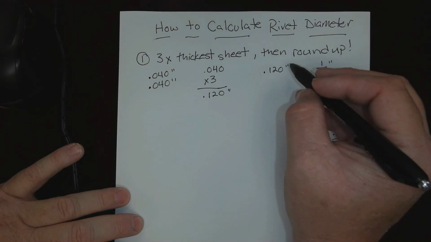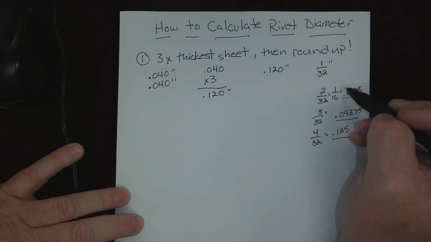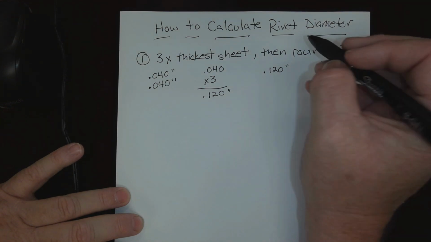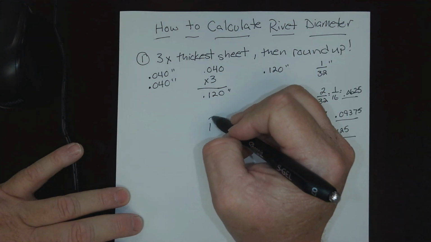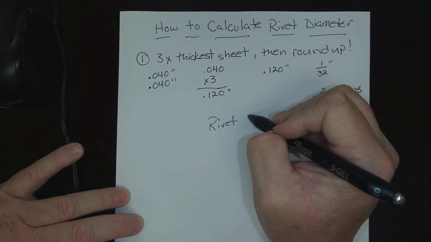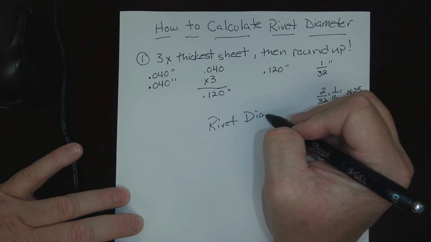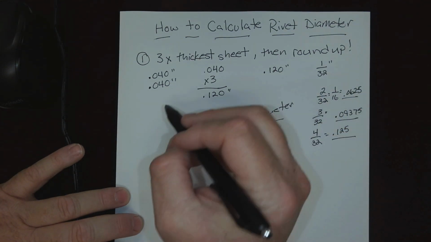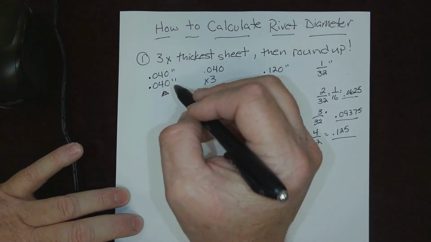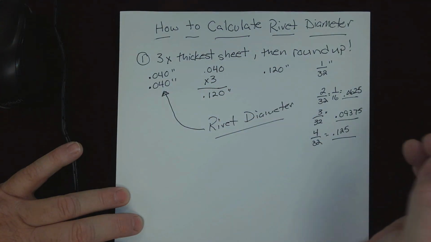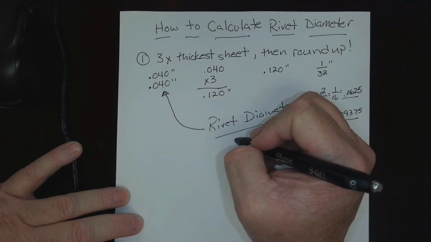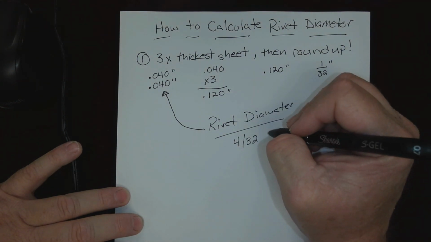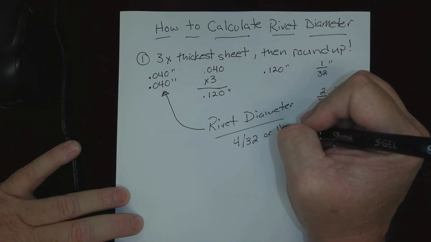So if we went to 120, we would land on that, look at our rivet sizes, and go one size up. So our proper rivet diameter for these particular stack ups would be a 4/32, or we could simply say a number 4 rivet.